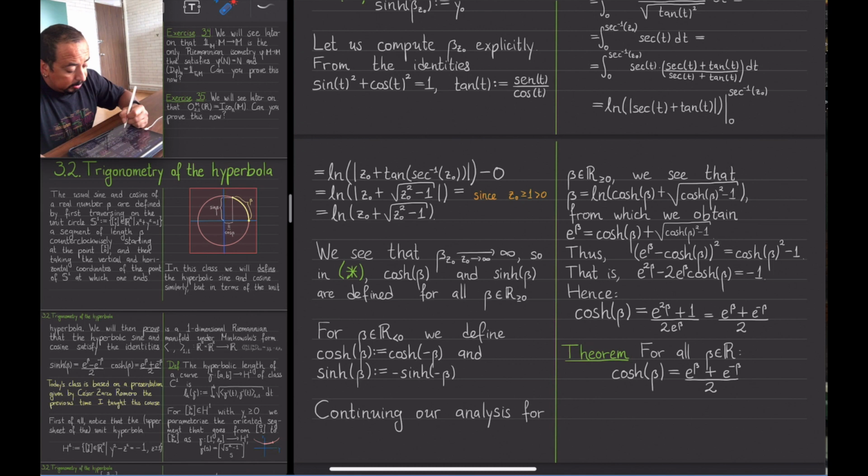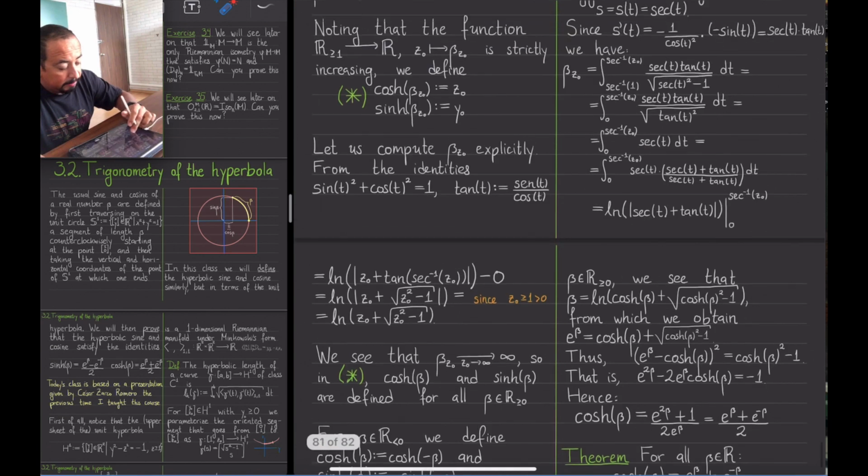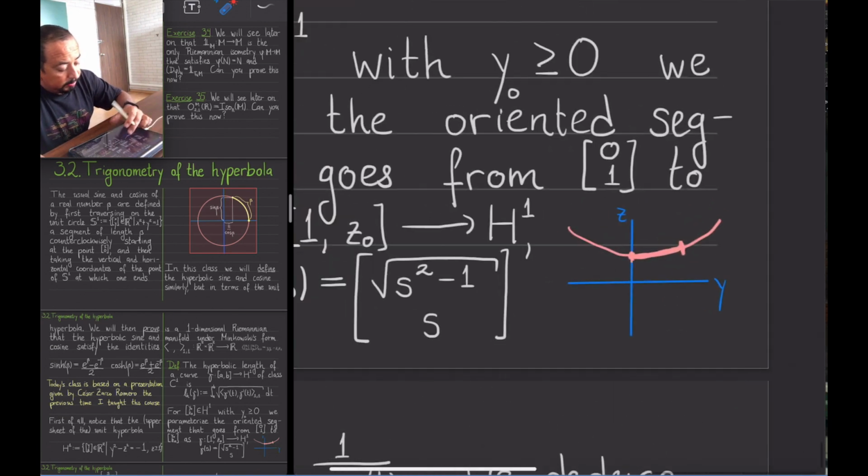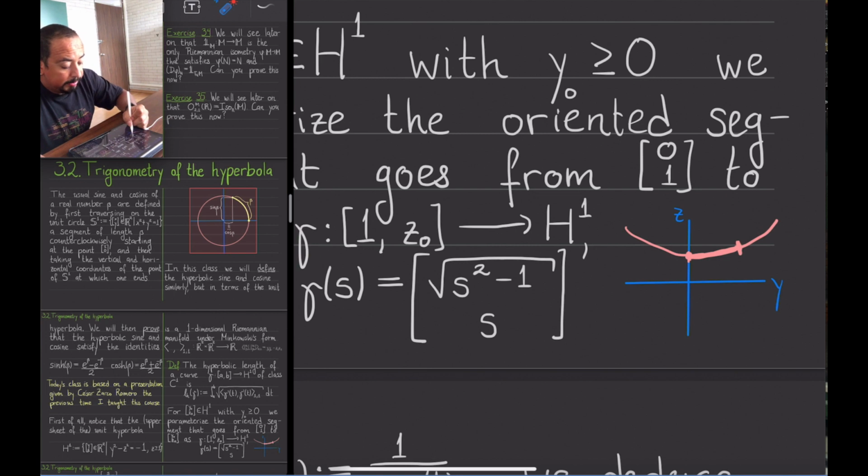Okay, but so you see, to define the hyperbolic cosine of beta, what we do is, with respect to Minkowski's inner product on each tangent space, I take a segment of hyperbolic length beta, and when I'm done, I look at the point where I finish, and the coordinates are the hyperbolic cosine and the hyperbolic sine.